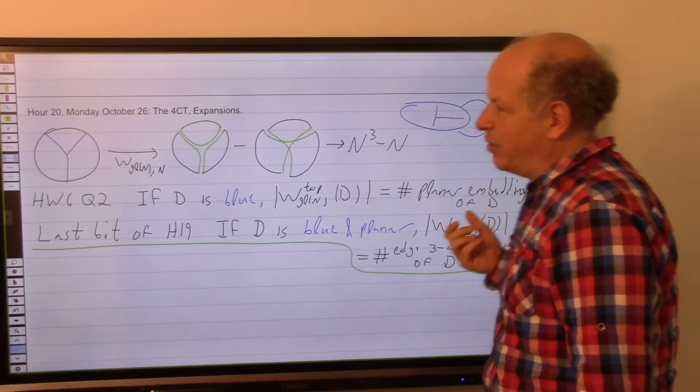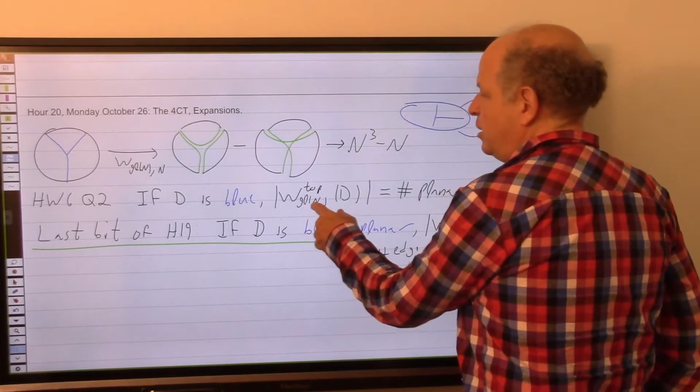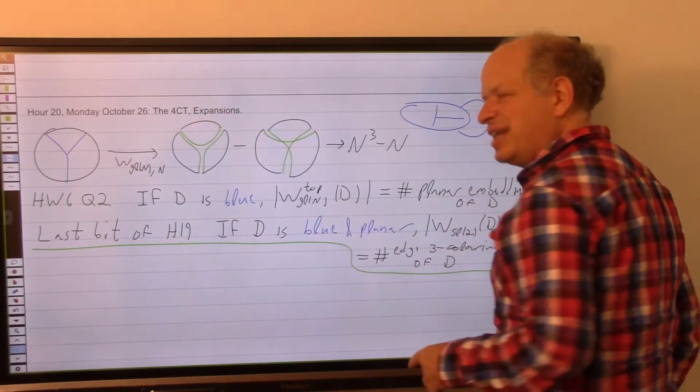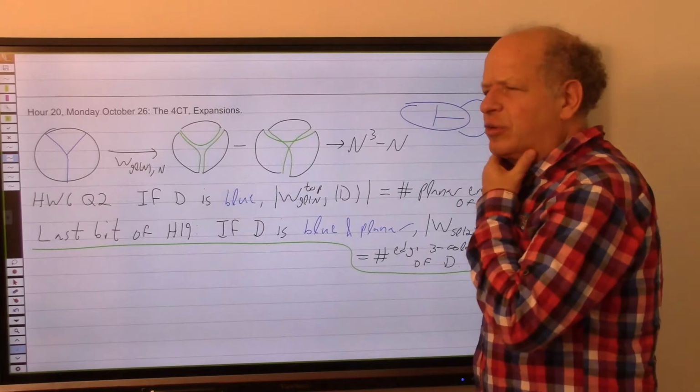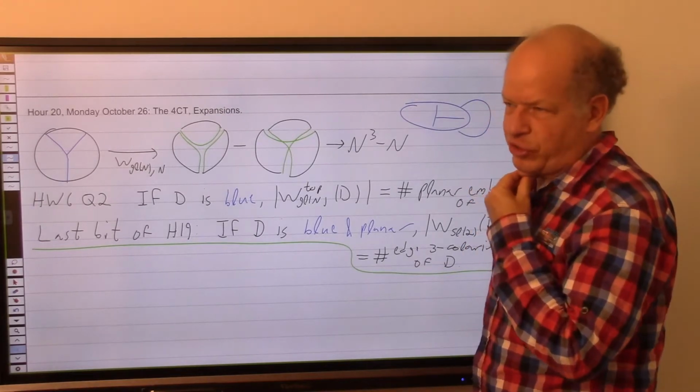So if a diagram is blue, then its evaluation in GLN is a polynomial of degree, what was it, v over 2 plus 2 or something, where v is the number of vertices.